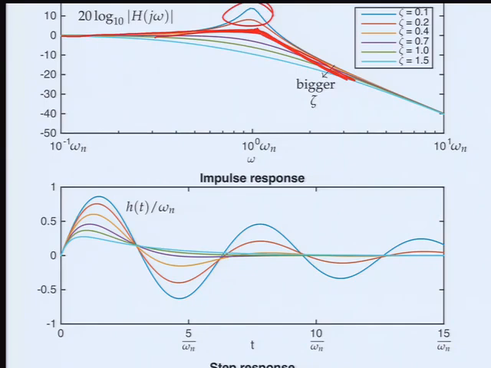When zeta gets smaller, you see that this h of t, even after scaling by omega n, is giving you bigger peaks. So first of all, you should be able to see the sinusoidal thing in there, multiplied by e to the negative sigma t. That's why it's a decaying sinusoidal, right? That's consistent with what we just derived. And then this factor that I put in orange was omega n squared by omega d.